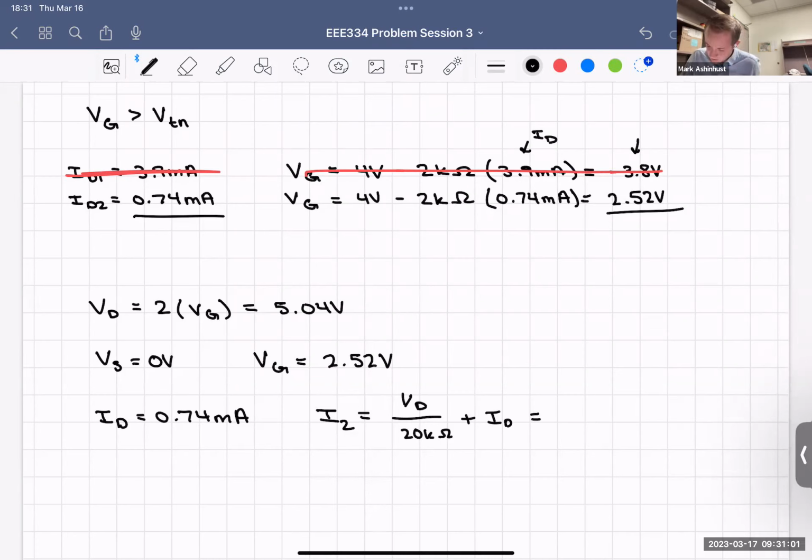We know what VD is, we solved for it right over here, it's 5.04 volts over 20 kilo ohms plus 0.74 milliamps, which gives us a final value, I2 is equal to 0.992 milliamps. Good, so we solved for everything we needed to know here.